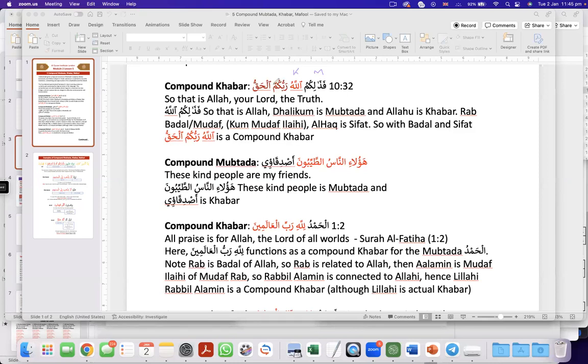So mudaf ilayhi is rabbukum, and al-haqqu is not attached with rabbukum, but al-haqqu is attached with Allah, because al-haqqu is the sifat of Allah.